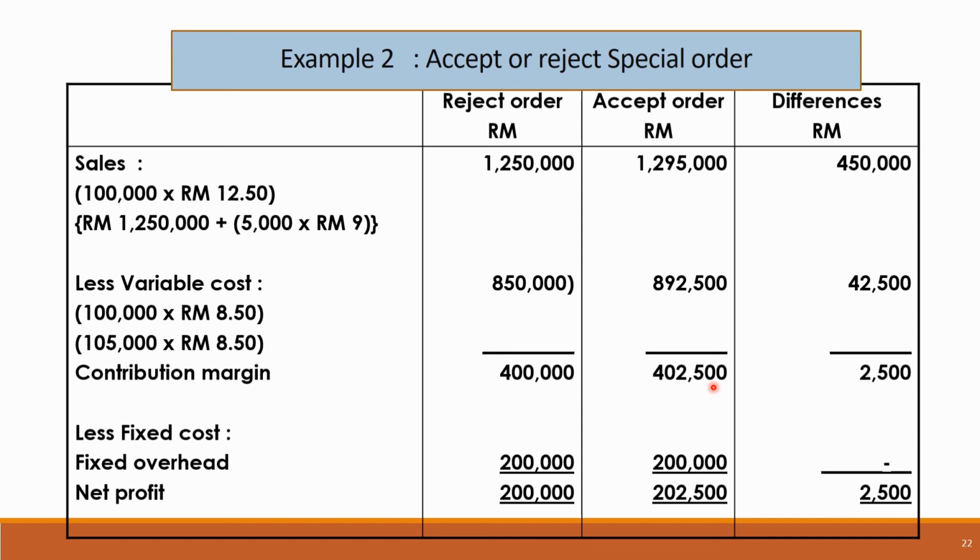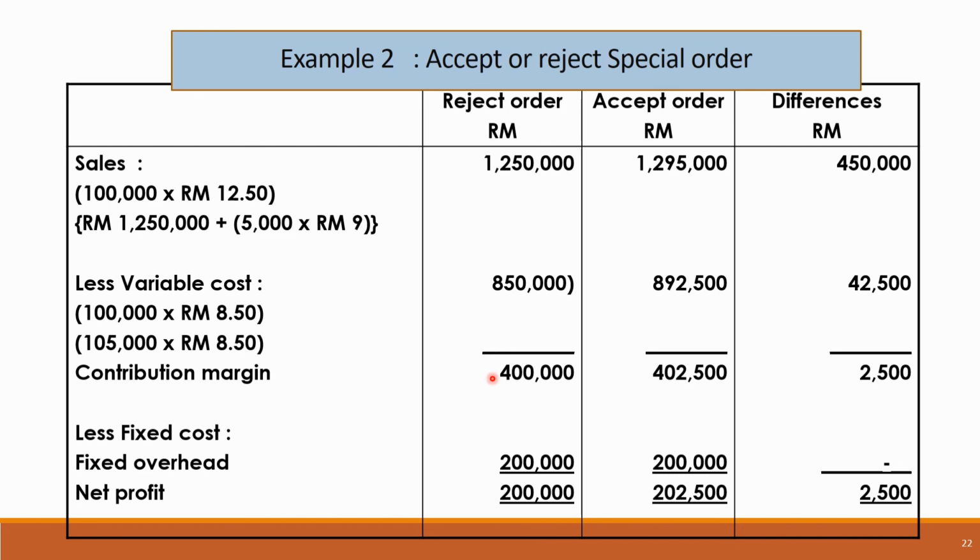And we can see that the contribution margin under accept order is greater than reject order. It means that the difference is 2,500, and it means that the company should accept the order because the profit is greater than reject order.